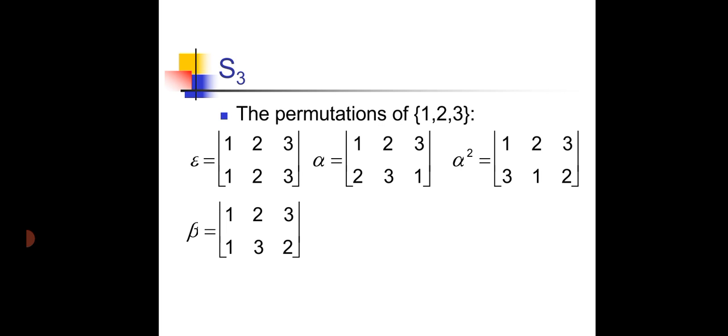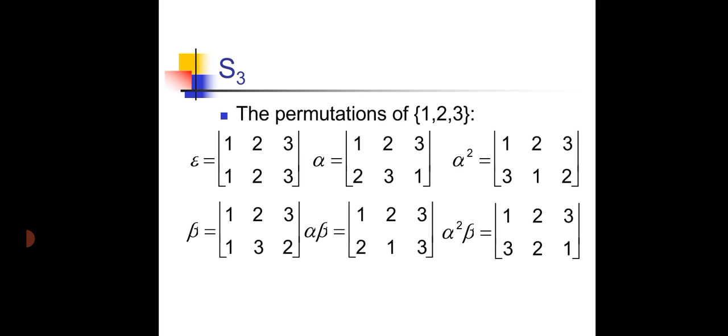Beta: 1, 2, 3 is mapped to 1, 3, 2. Alpha beta: 1, 2, 3 goes to 2, 1, 3. And finally alpha square beta: 1, 2, 3 goes to 3, 2, 1. If you follow the composition method again and again, you will repeatedly get these same 6 results.